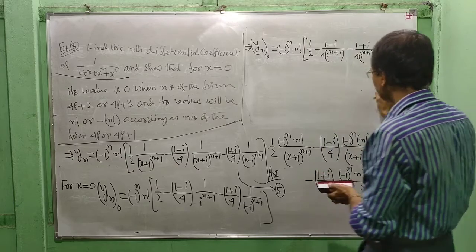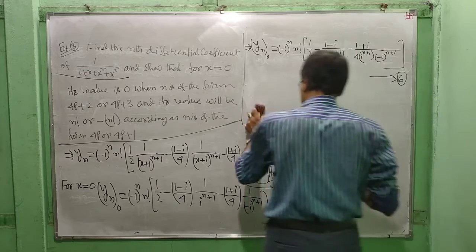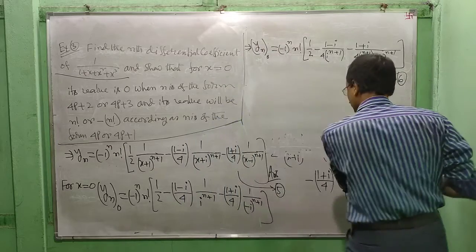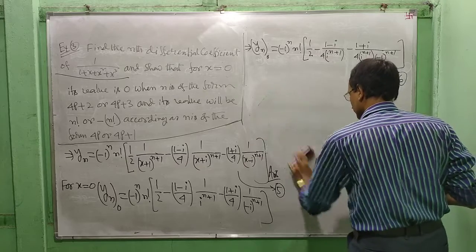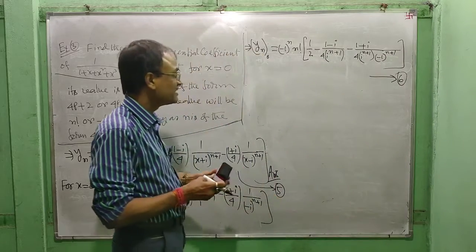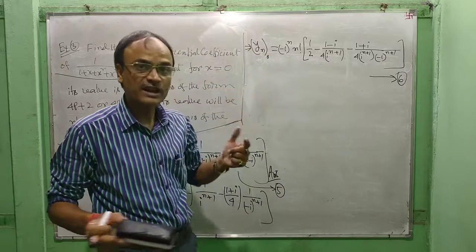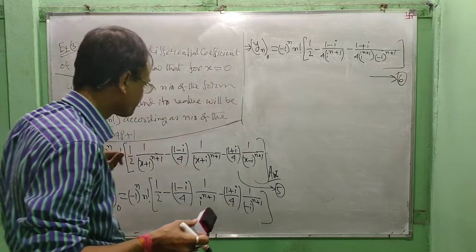You may write like this. Suppose this is number 6. For x is equal to 0, we have found y_n(0).